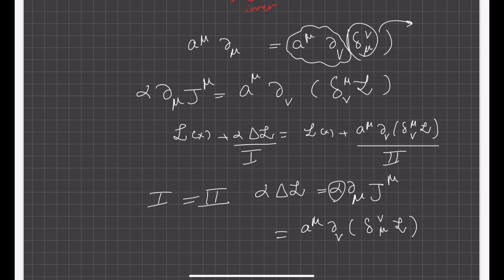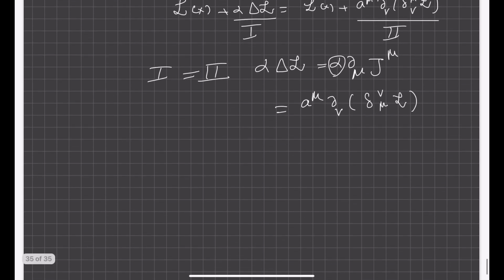Like this. So now we have all the things in the right and correct order, right? And now we can just say j mu is equal to delta mu nu Lagrangian.